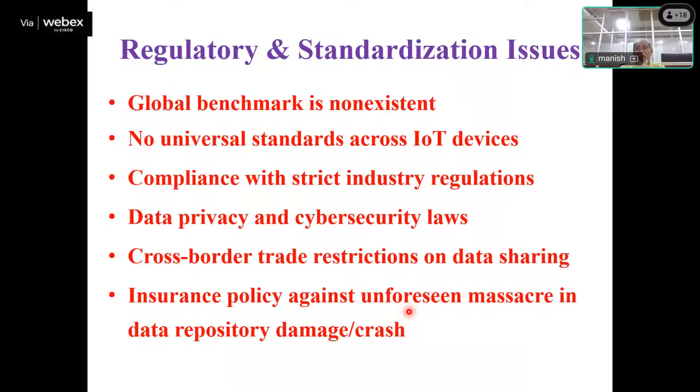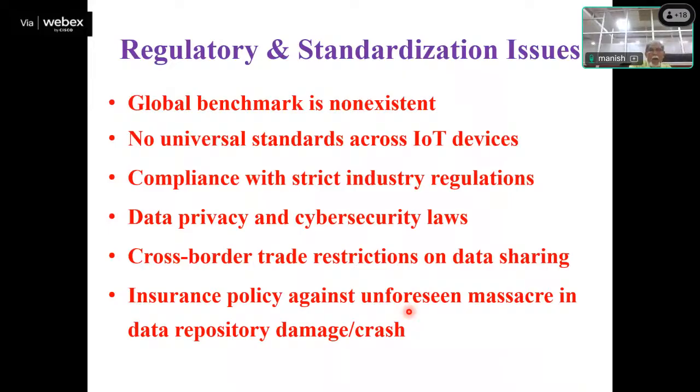Cross-border trade restriction on data sharing is also still existing. Now nobody can really share the data because of other security issues. Data sharing is just like the issue of technological empowerment in atomic energy, the atomic power.